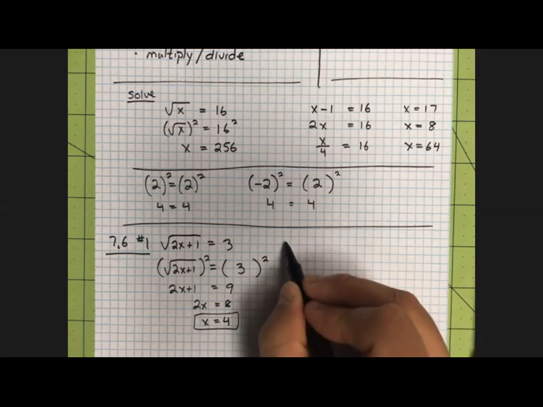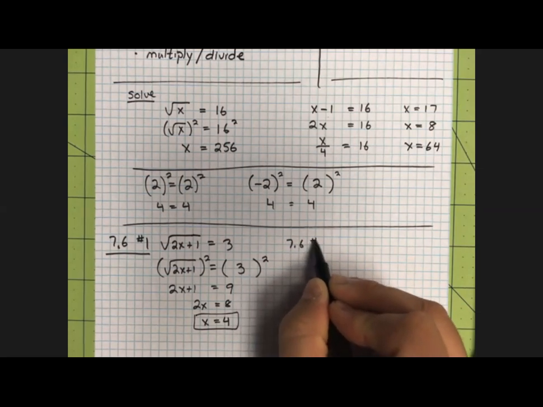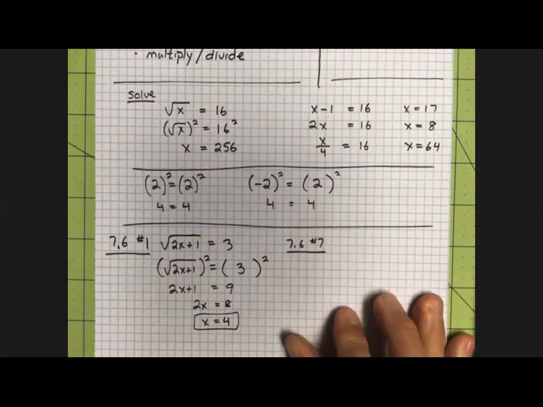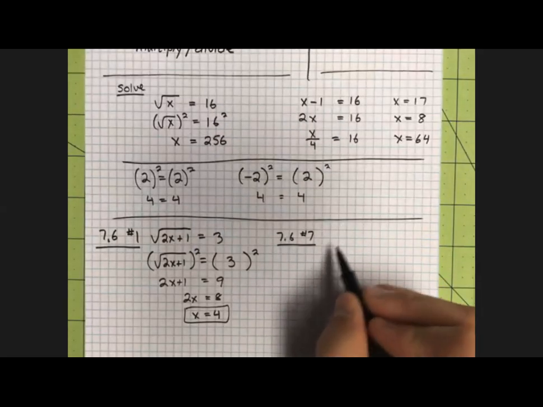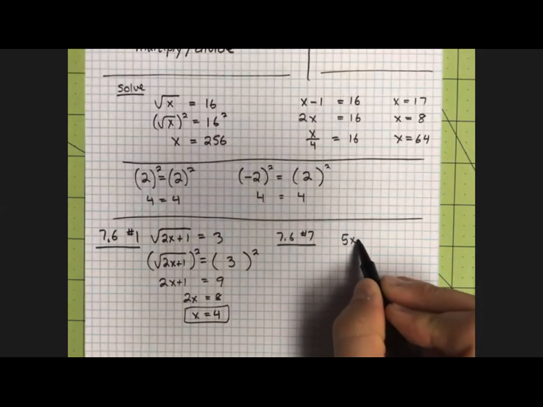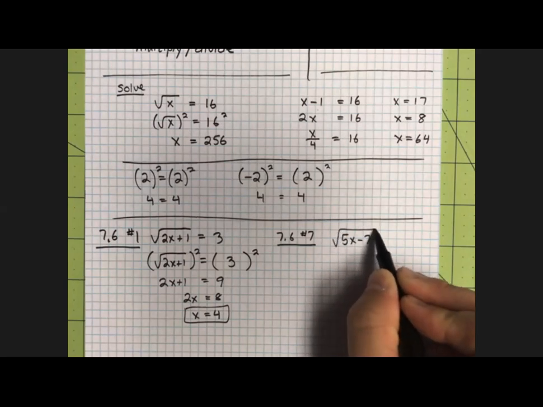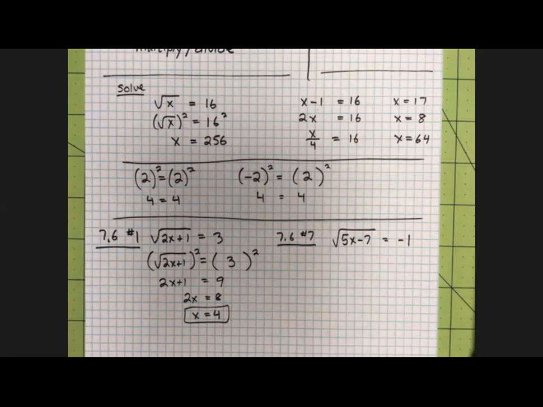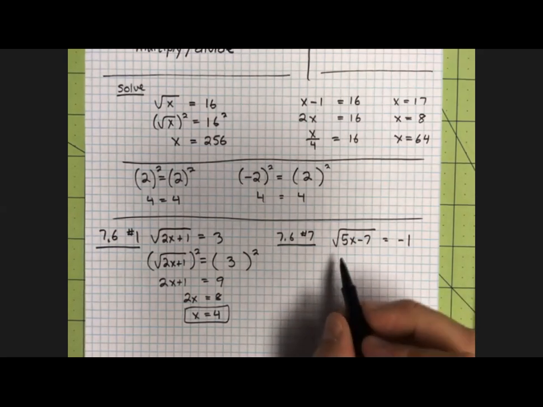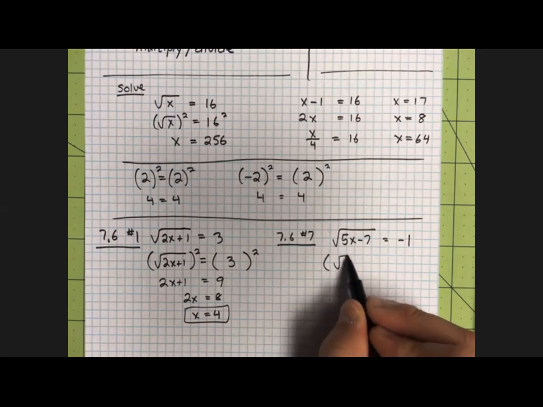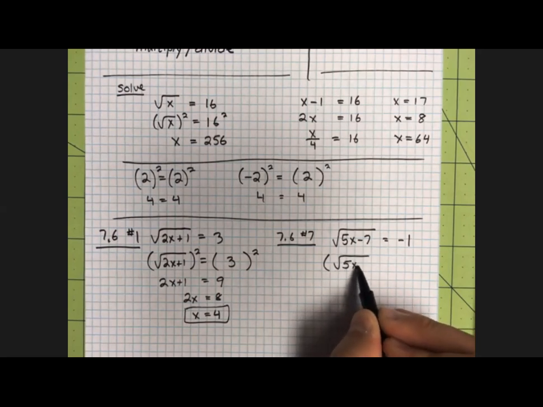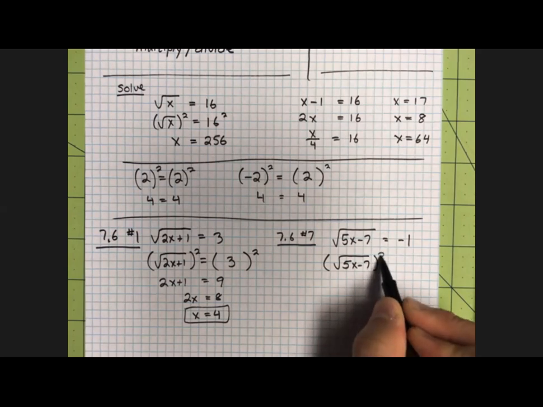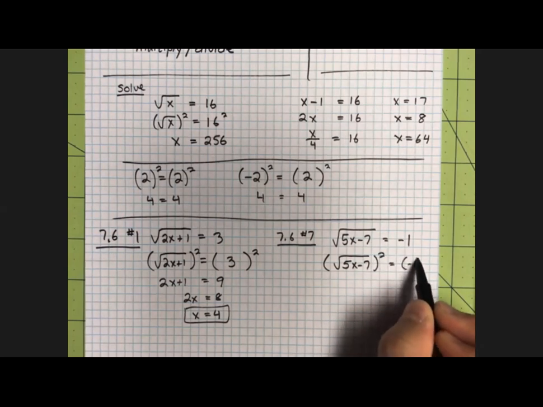Let's look at problem number 7. The square root of 5x minus 7 equals -1. And now if I want to get rid of the square root and I square both sides, watch what happens. -1 times -1 is 1.